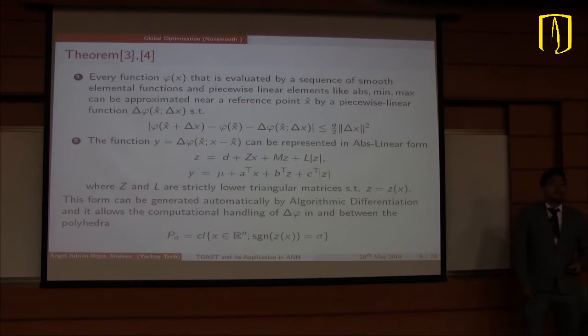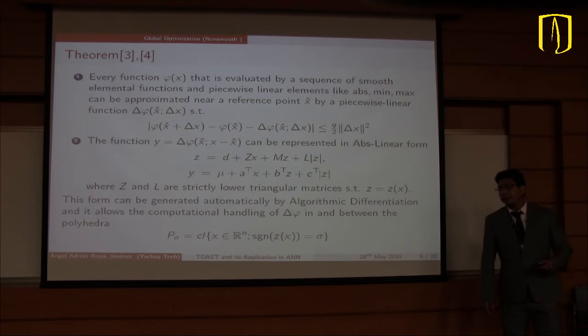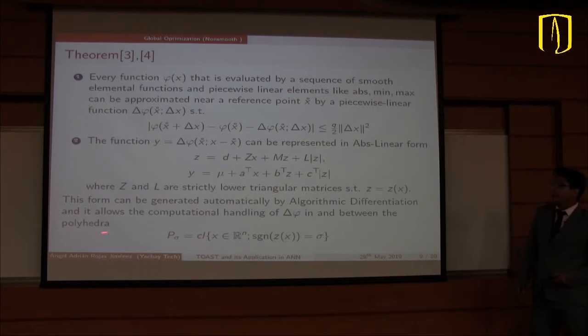That is suitable because it can be computed automatically by algorithmic differentiation, and in order to make a code, it is useful because we can go through each polyhedron, or each piece where the function is smooth. Each one of these polyhedra is defined by a signature function that depends on this switch function. Okay?